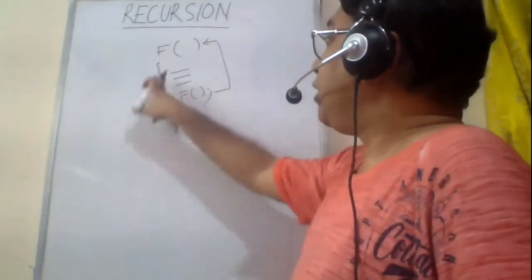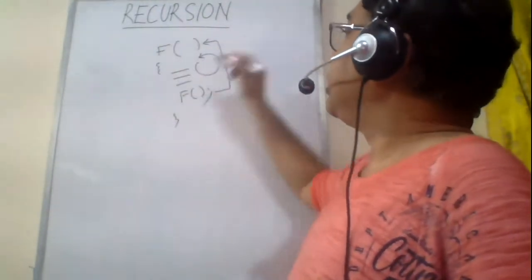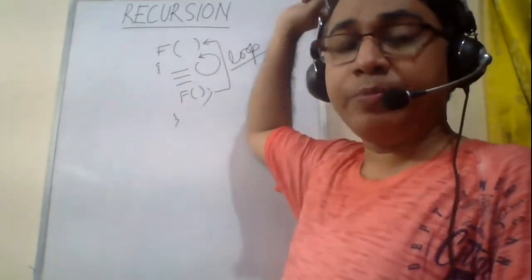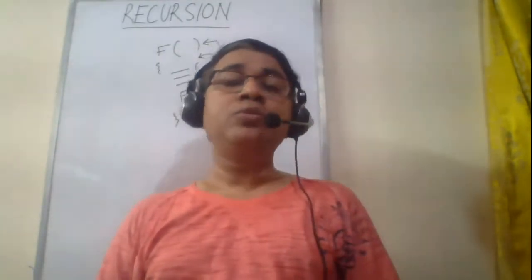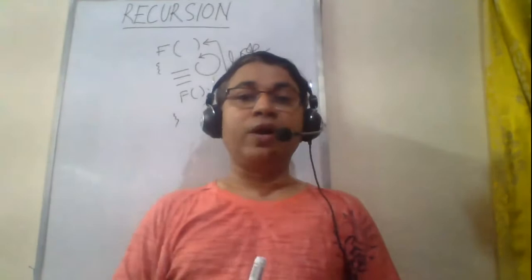Now, in this process, this is creating a loop within itself. So we can say that recursion is actually an alternative to iteration. That means any function where we are using iteration can be converted to a recursive function.